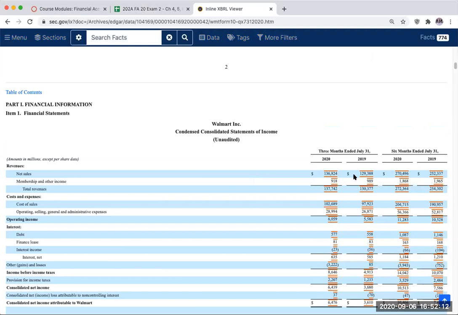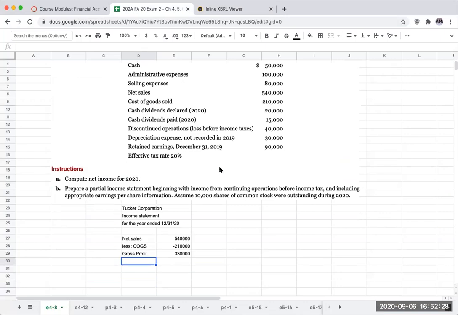Their revenues went up, but what you'll see here is they have total revenues, and then they have cost of sales, and they're doing it differently. If I was a merchandiser, I would probably be doing it this way. Again, there's not one correct or incorrect way to do the income statement. It just depends on the industry that you're in. But let's go through here.